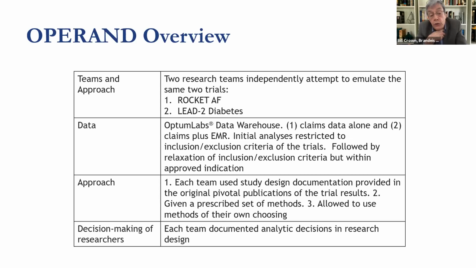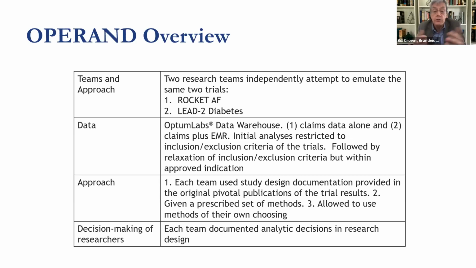The data we used were in the Optum Labs data warehouse. At the time that the studies started, I was the chief scientific officer of Optum Labs. And the Optum Labs data warehouse is a very large data set. It's about 130 million lives of claims data. And it has 85 million lives of electronic medical record data, some of which overlap with the claims data.